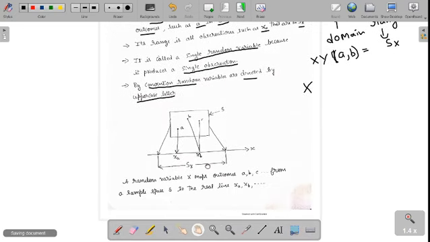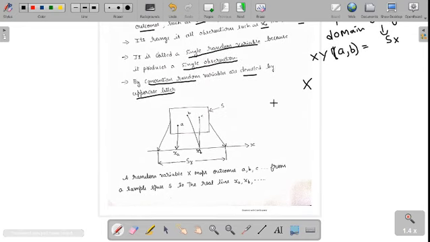What we have done is the sample space. The sample space S was containing samples A, B, and C. We can use a square to indicate the sample space.